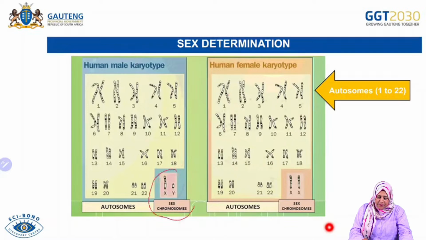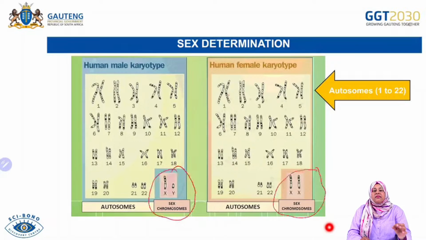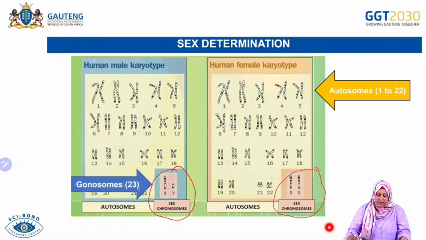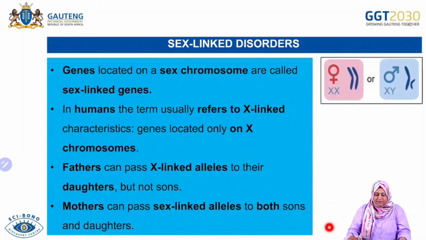But you can also get diseases that are found in your gonosomes or your sex chromosomes, and your sex chromosomes are found on chromosome number 23, your 23rd pair. That is called the sex chromosomes, or a less confusing term to use is the gonosome. So these now are your gonosomes, right? So that's chromosome number 23.